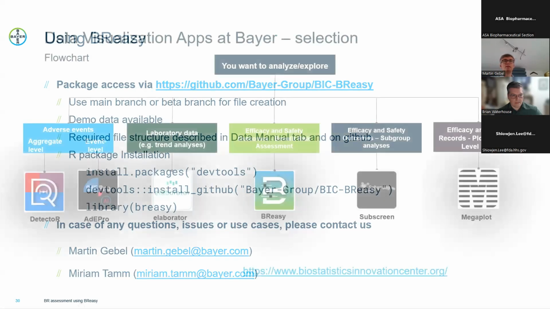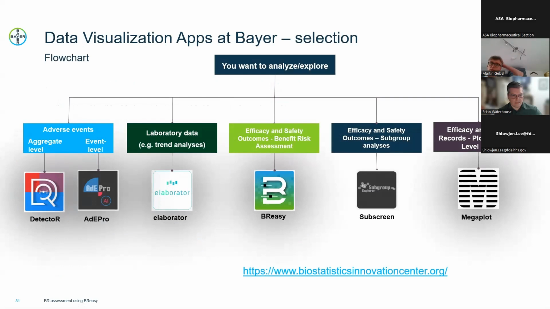Okay, that's more or less it. Just as the last thing, I want to tell you this Breezy app is just one Shiny app which is developed internally at Bayer among several others, which we are usually using when a study is final. So we have two nice apps which are working on adverse events, Detector and the DEPRO. We have a very nice app, Elaborator, working on lab data.